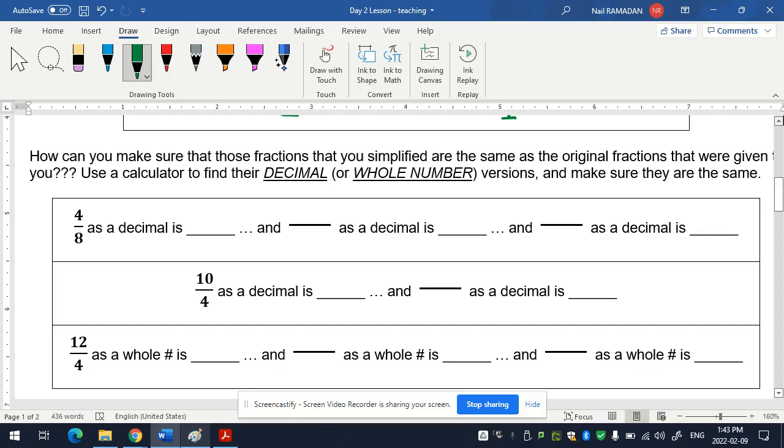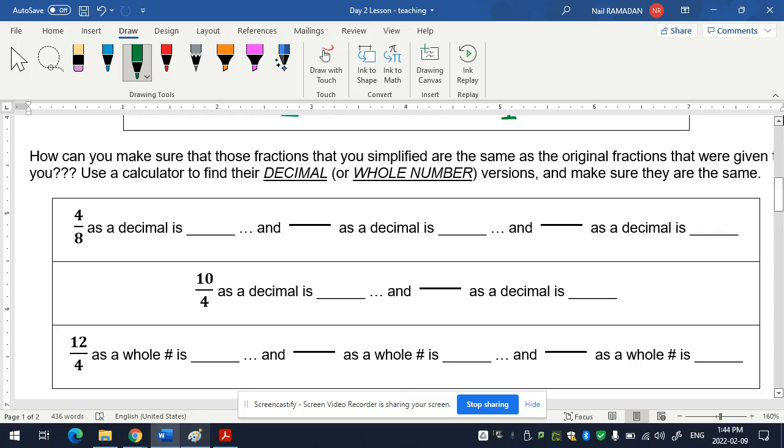If you're ever in doubt that your fraction at the beginning is the same as the fraction at the end, put both of them as a decimal, plug them into your calculator or cell phone. If they produce the exact same decimal, you got it right. If they produce a decimal with even a small difference, you did not produce the same thing as the original.